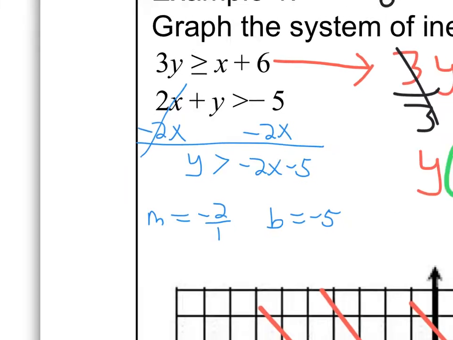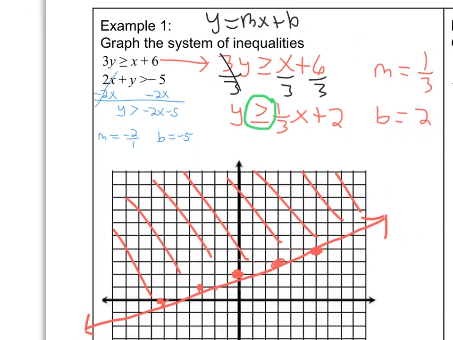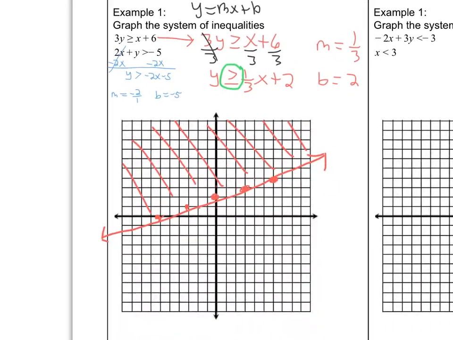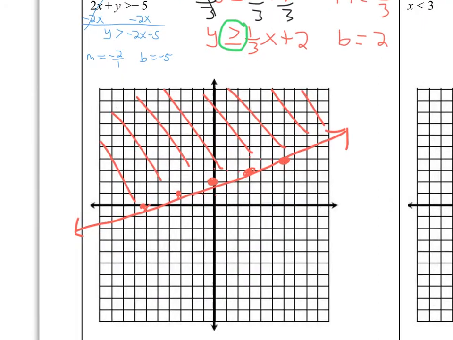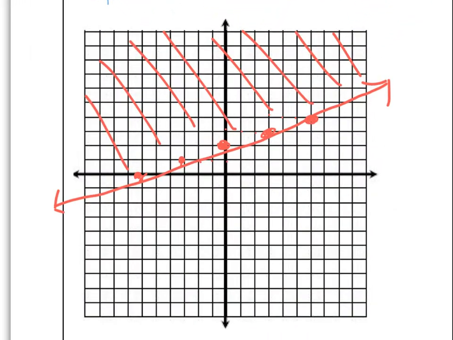All right, so let's zoom out here so we can graph this now. We want to graph the y-intercept of negative 5 and the slope of negative 2 over 1. Okay, so negative 5 is going to be 1, 2, 3, 4, all the way down to negative 5. And the slope is, what is the slope again?